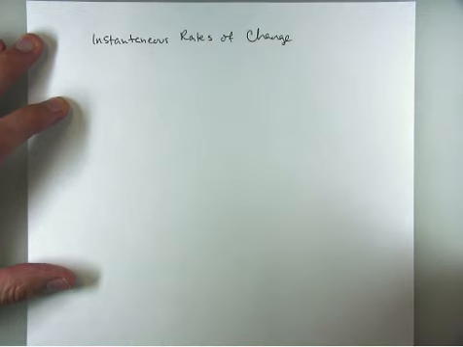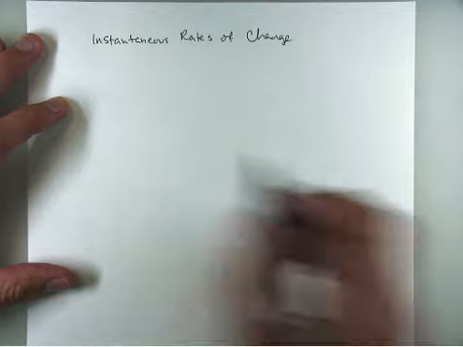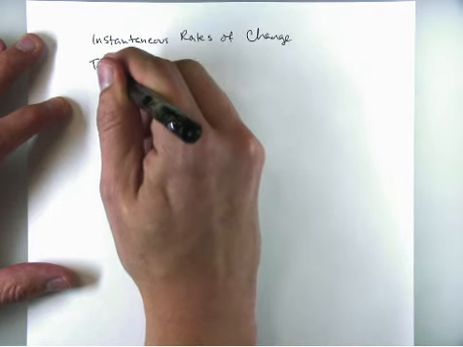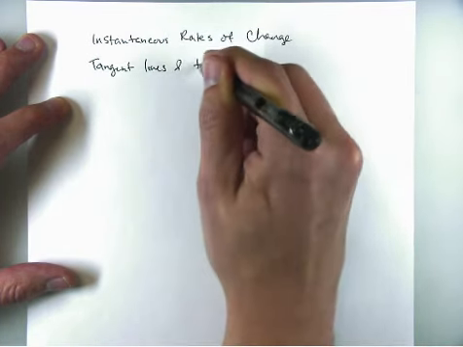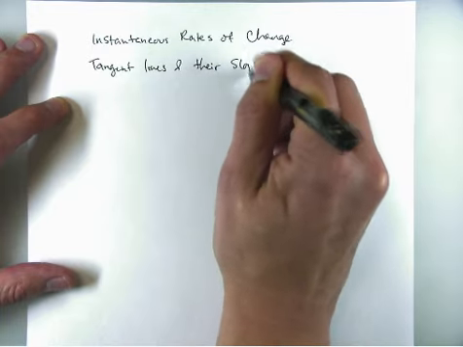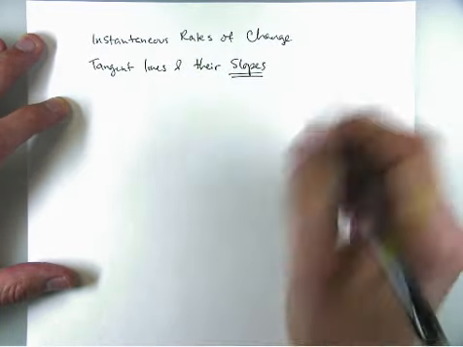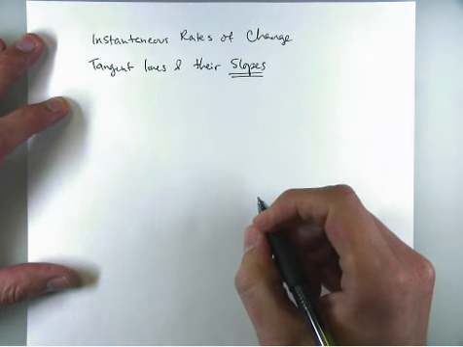What's happening at the moment level if something is changing? How can I describe that rate? Okay. We also talked about tangent lines and their slopes, slopes being of particular interest to us.